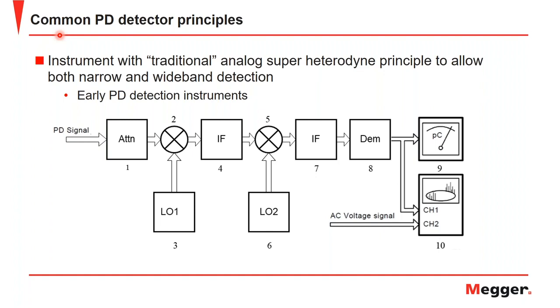This is predominantly seen in earlier PD detection instruments, where your PD signal input comes first into the input attenuator, followed by a mixer with the first local oscillator fed into the first intermediate, with the second mixer and a second local oscillator fed into the second intermediate, and then finally fed into the demodulator, and then the meter and the oscilloscope for visualization of the partial discharge activity.